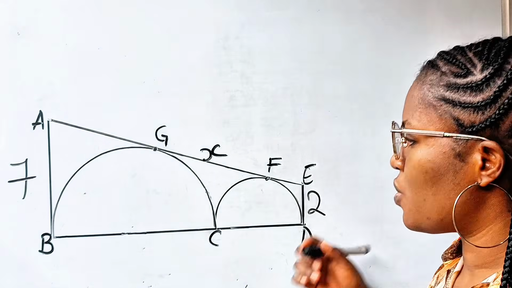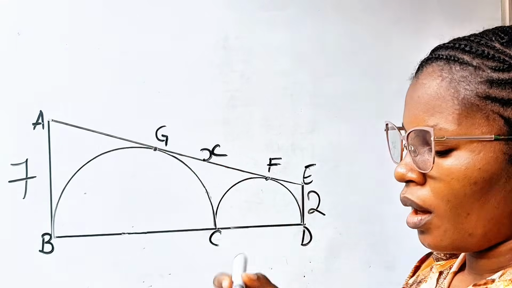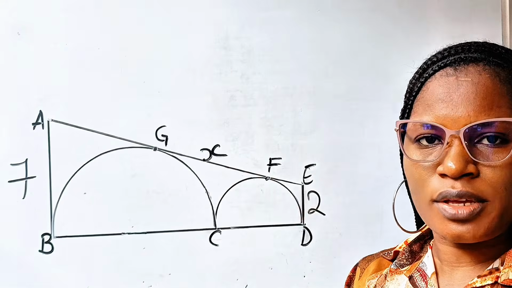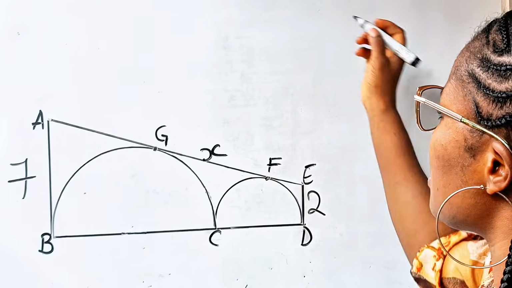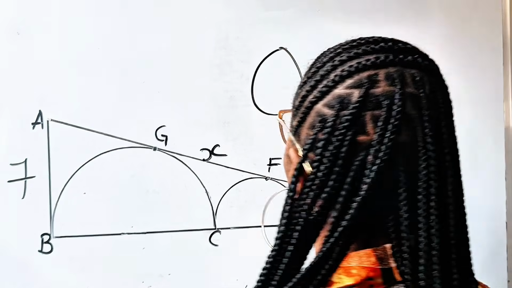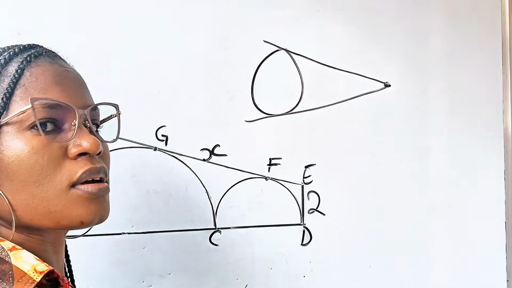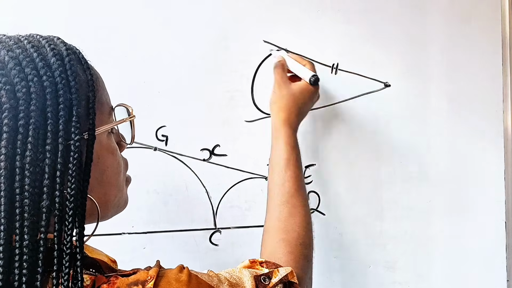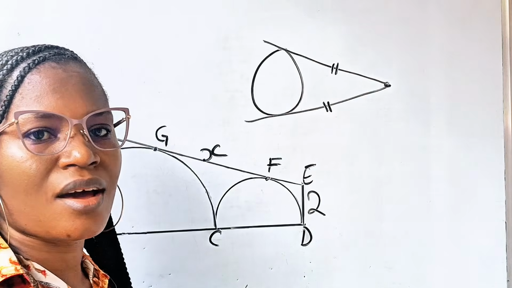Now, the two tangent theorem states that when two tangents to a circle are drawn from the same point, for example, you have a circle and a point, and you draw two tangents to the circle from this same point, this theorem states that the segments, that is this and this, are equal.